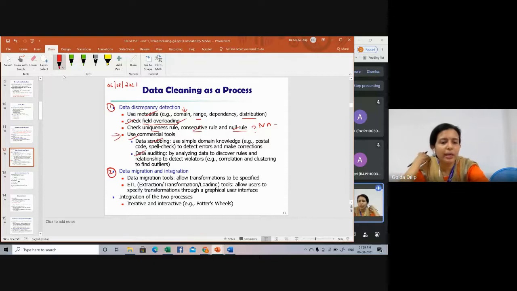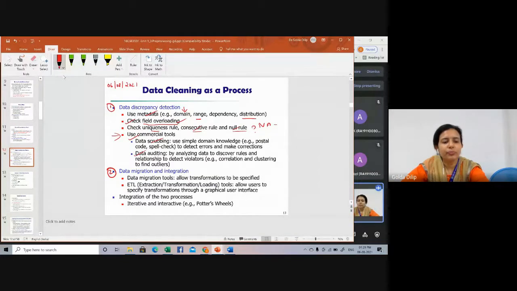What about data auditing? You analyze the data to discover the rules and relationships in order to detect the outliers. So you're trying to detect the data that violates some conditions. Correlation analysis or clustering can be done in order to find the outliers.